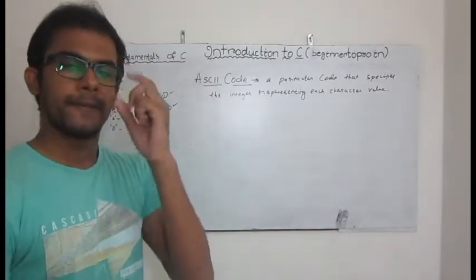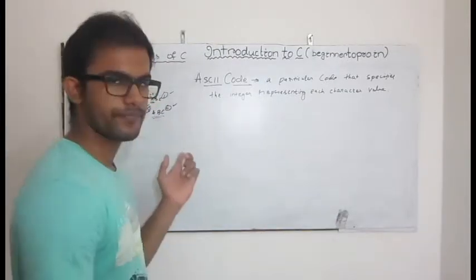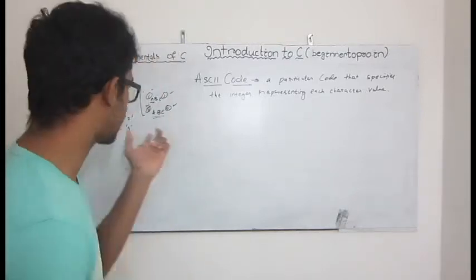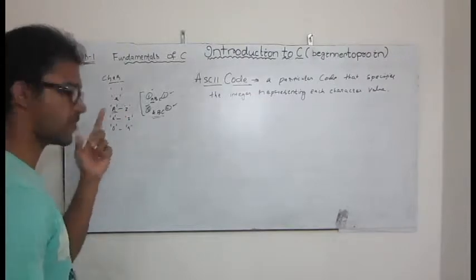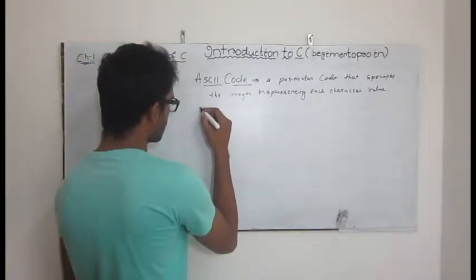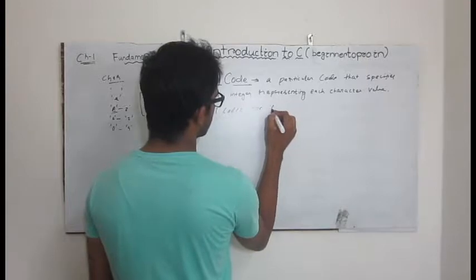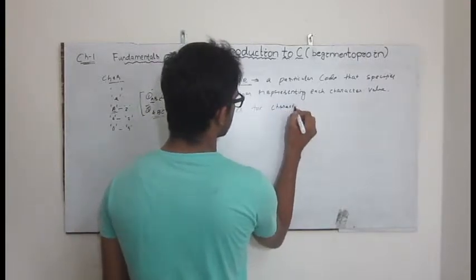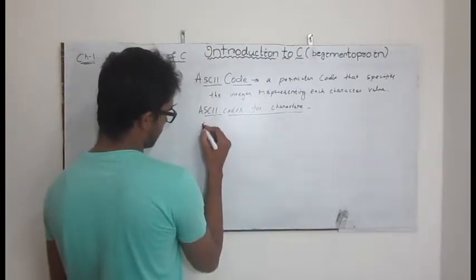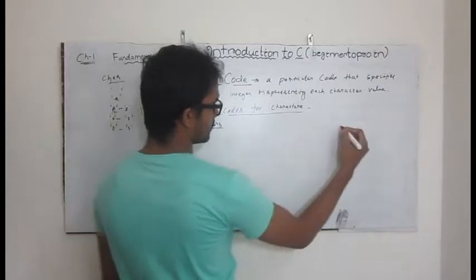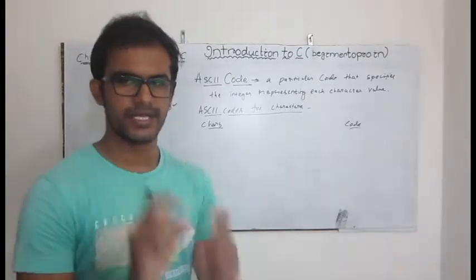So let's check for the integer values of some of the characters. What is the integer value of capital A, capital Z, small z? We'll focus on that. So ASCII codes for characters. This is our characters, and this will be the code. We will start from empty character.